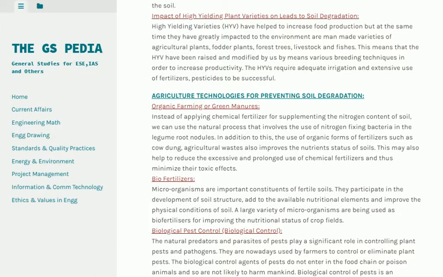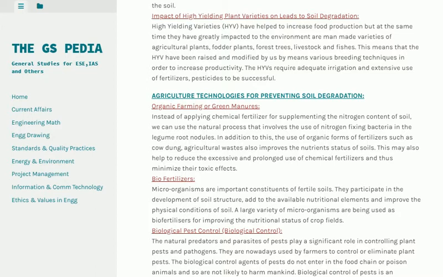Agriculture technologies for preventing soil degradation. Organic farming or green manures. Instead of applying chemical fertilizer for supplementing the nitrogen content of soil, we can use the natural process that involves the use of nitrogen-fixing bacteria in the legume root nodules.